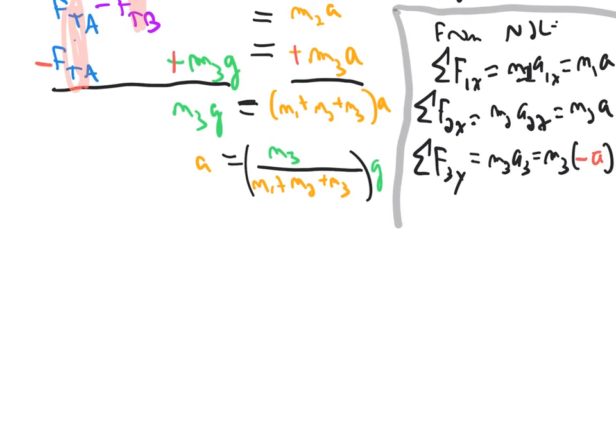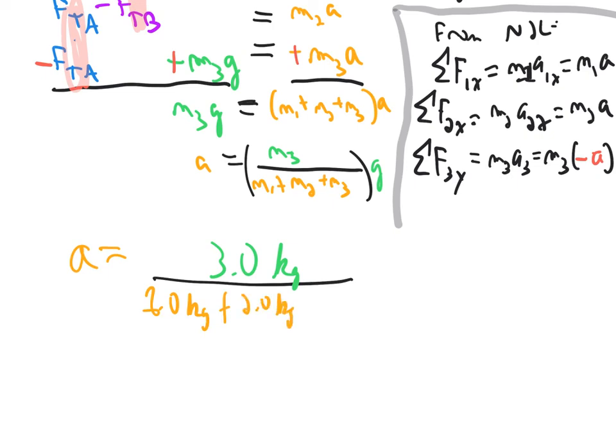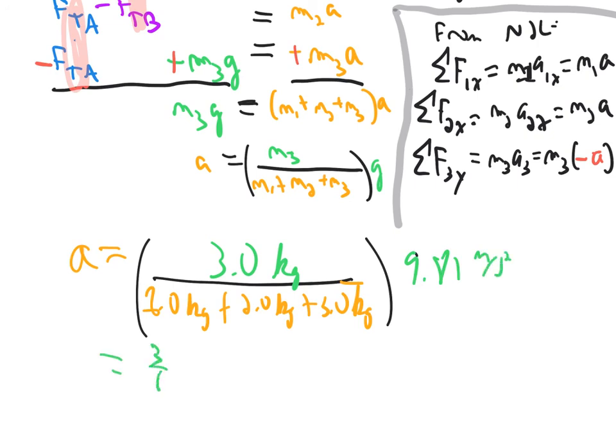And we get that A is M3, which is given as 3 kilograms, over 1 kilogram plus 2 kilogram plus 3 kilogram, because Walker's a little cute, and that's all times the free fall constant, which is 9.81 meters per second squared, and this ends up being 3/6 times 9.81 meters per second squared, which is 4.9 meters per second squared, including sig figs.